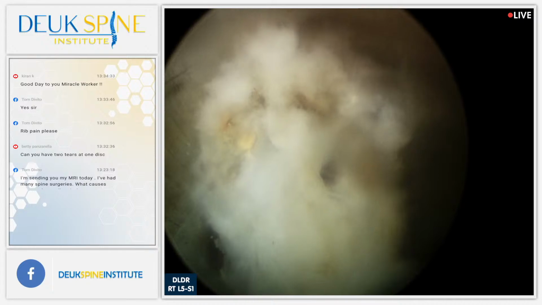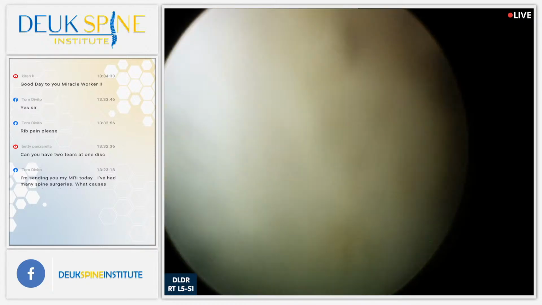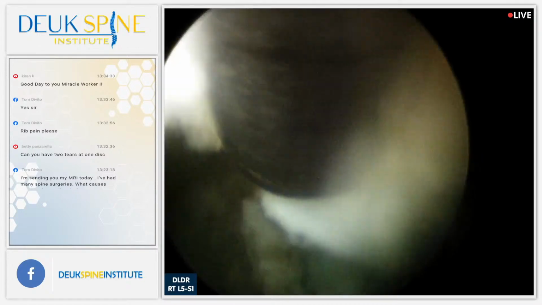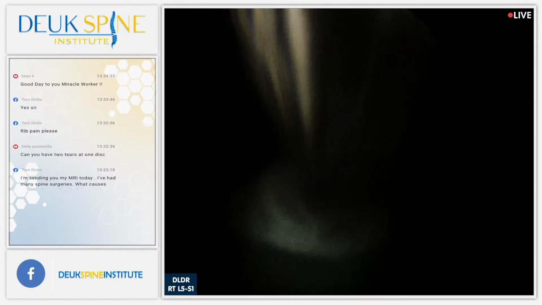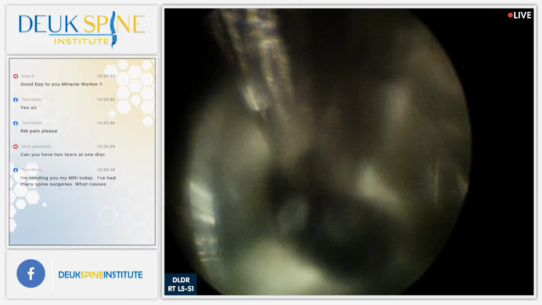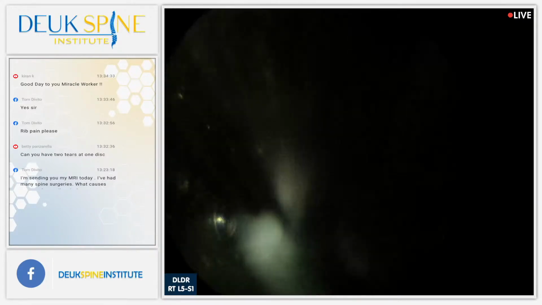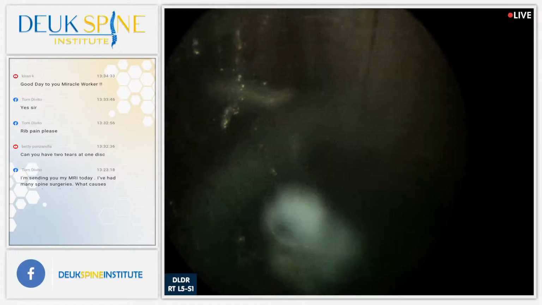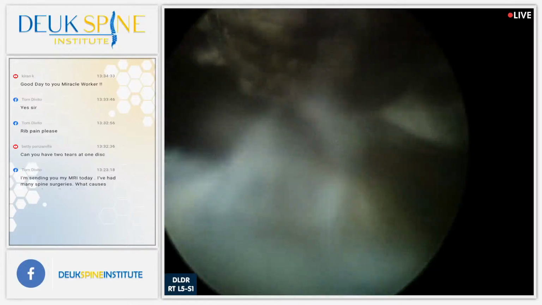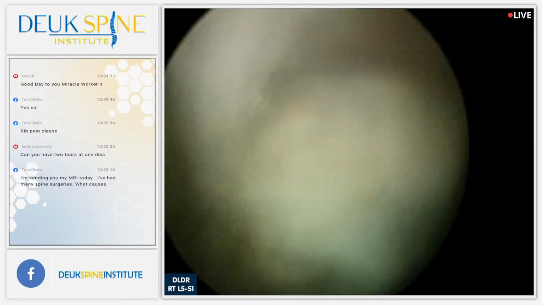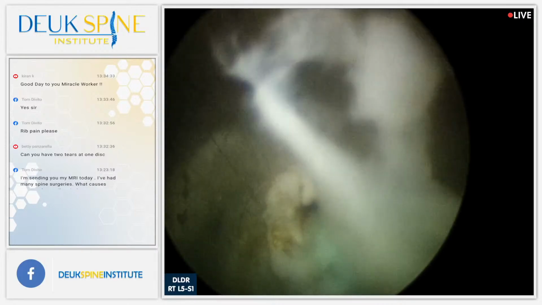I'm doing that because I'm targeting specific areas with the laser. I'm trying to get rid of the herniation, clean the tear, and the herniation often will become stuck to the annular tear as it's trying to escape from the disc and go out to where the nerves are. And that's what we're cleaning up, that area right there. So this is where a lot of his pain is coming from.